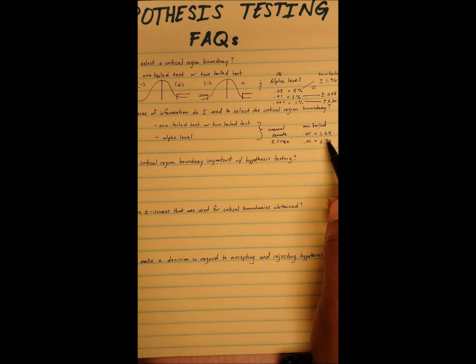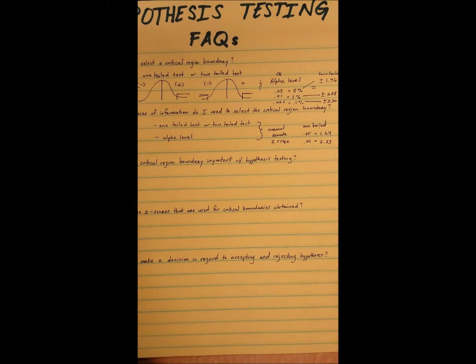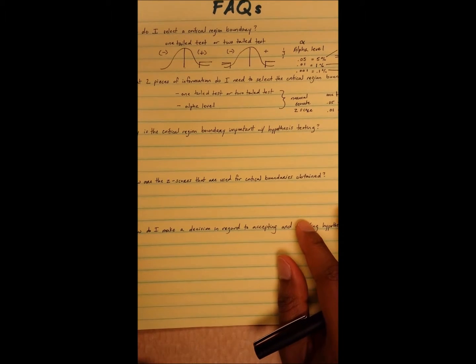Because you calculated a negative z-score, but it was predicted that it would be in a positive direction. So while it's significant because the absolute value exceeds that 1.64, it's still not in the indicated direction. So you could say that it was significant, but it wasn't in the specified direction.